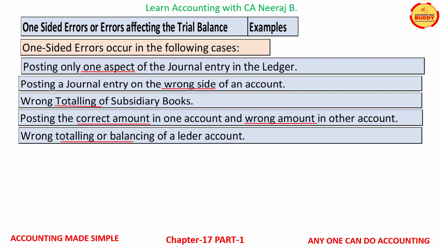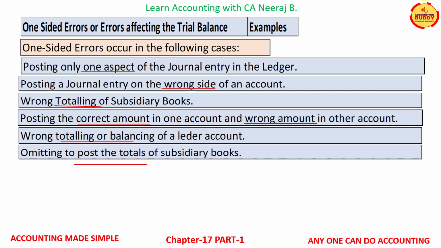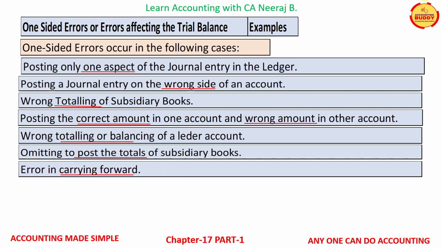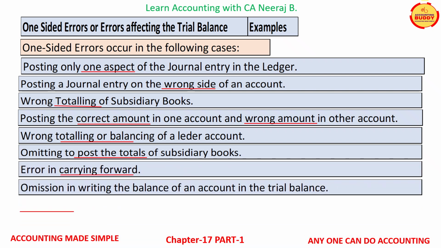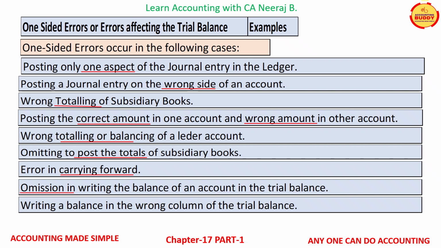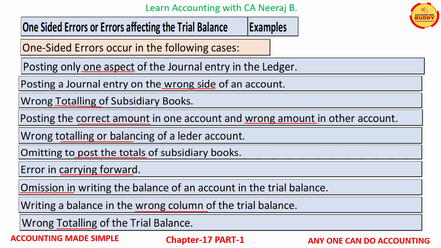Wrong totaling or balancing of a ledger account. Omitting to post the totals of the subsidiary books. Error in carrying forward. Omission in writing the balance of an account in the trial balance. Writing a balance in the wrong column of the trial balance. Wrong totaling of the trial balance.